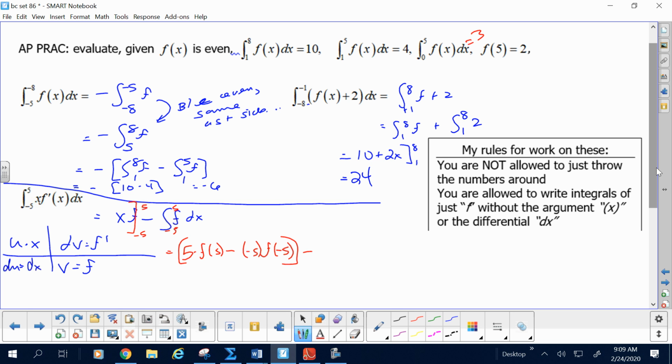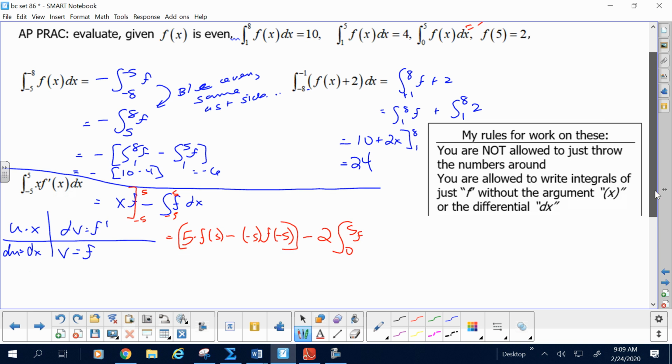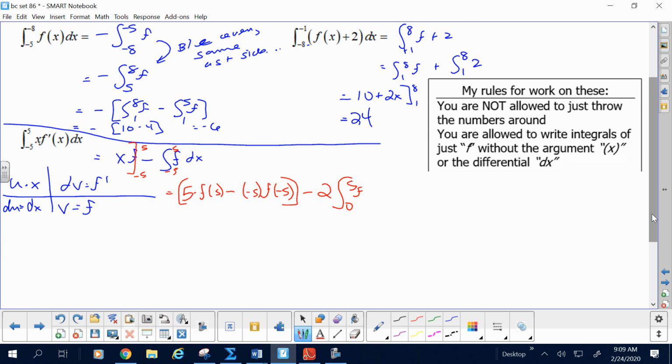Let's show some good calculus. Okay, so I guess we'll show the calculus first. What do I know of the integral from negative 5 to 5? It is 2 times the integral from 0 to 5, because f is even, right? You bet, Mr. Rickman, I'm with you.